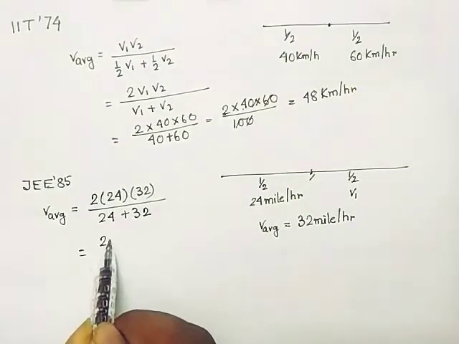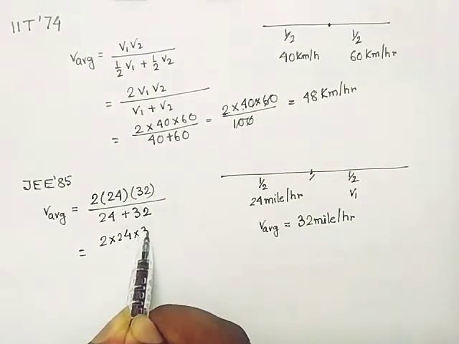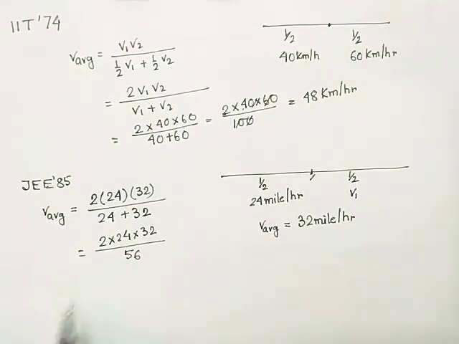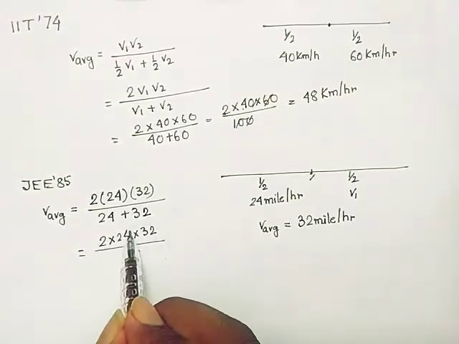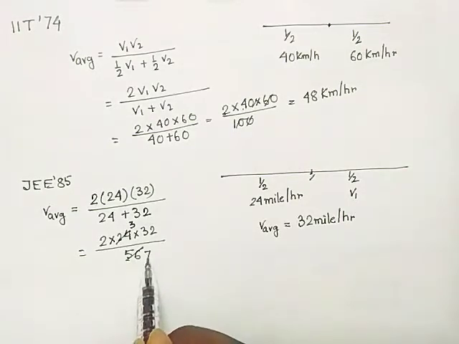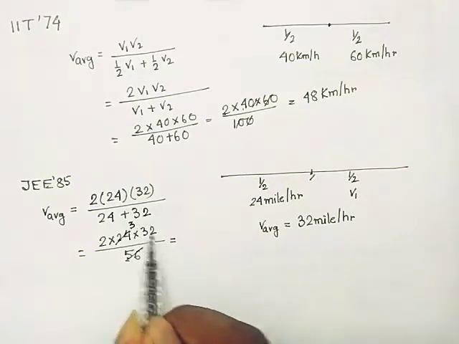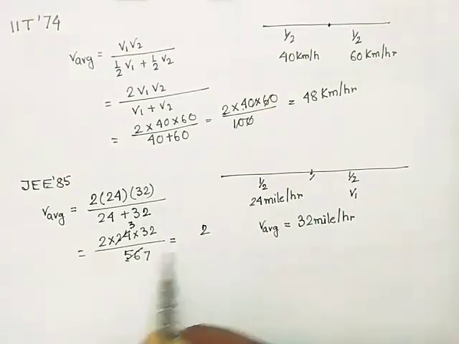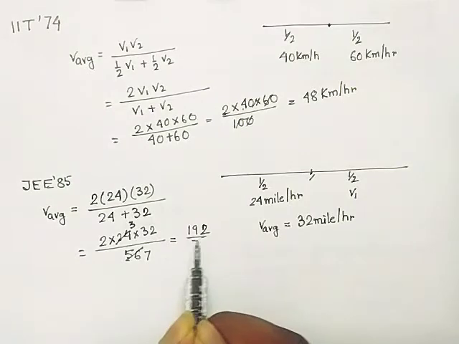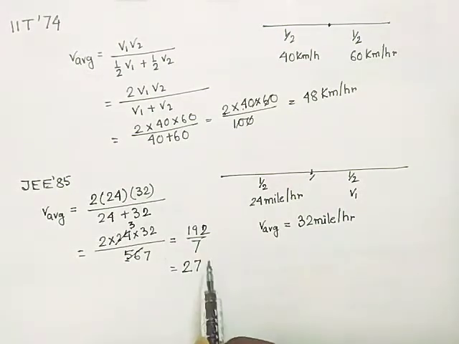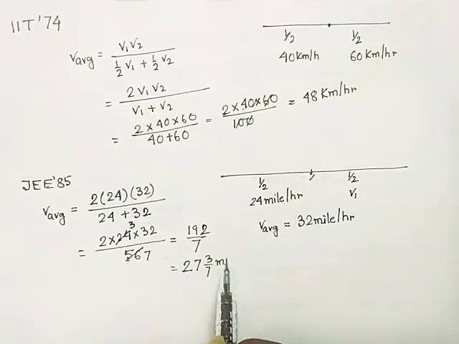So it will be 2 into 24 into 32 divided by 56. 8 threes are 24, 8 sevens are 56. So it will be 6 into 32, which is 192, divided by 7, and that is 27 3/7 miles per hour.